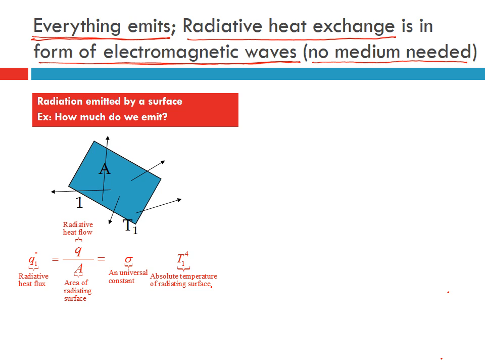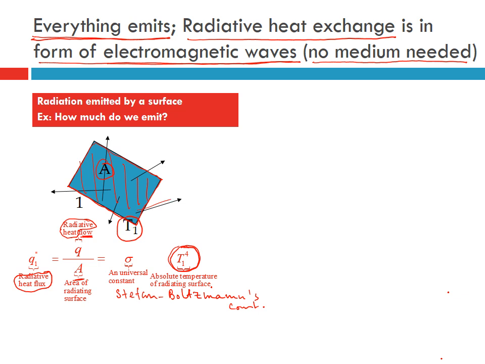So how much is emitted? If I think of a body with surface area A at a temperature T1, then the radiative heat flux, which is radiative heat flow per unit area of the radiating surface, is equal to some universal constant, which we will be calling the Stefan-Boltzmann constant, times the absolute temperature to the fourth power. So the higher the temperature, the more energy is radiated.